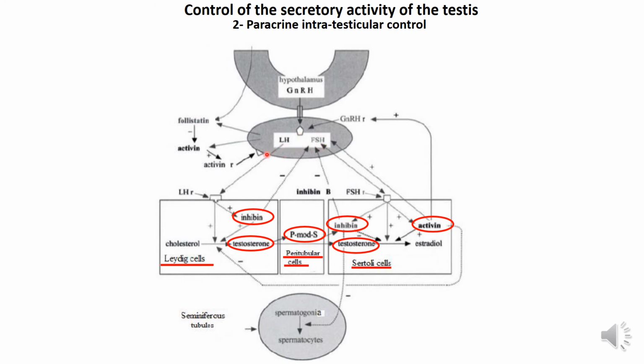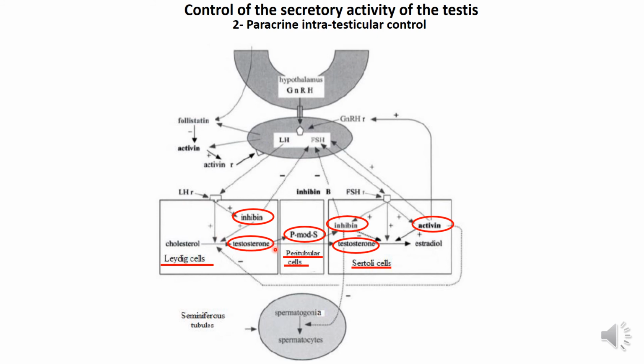The LH, since it has receptors on the Leydig cells, will act on the Leydig cells and stimulate the production of testosterone. So here we have the testosterone produced from the cholesterol in the Leydig cells under the action of the LH.